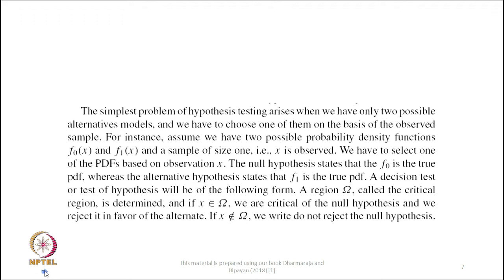So, a region is called a critical region if the null hypothesis is going to be rejected, and similarly it is the acceptance region if your null hypothesis is not going to be rejected.